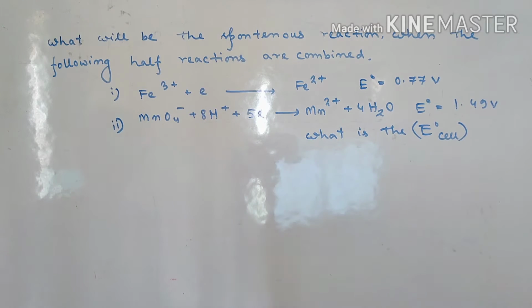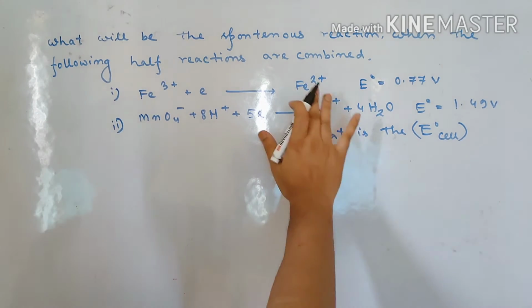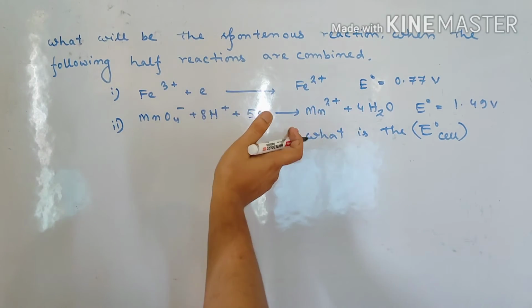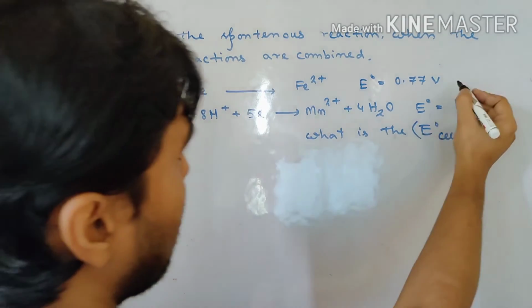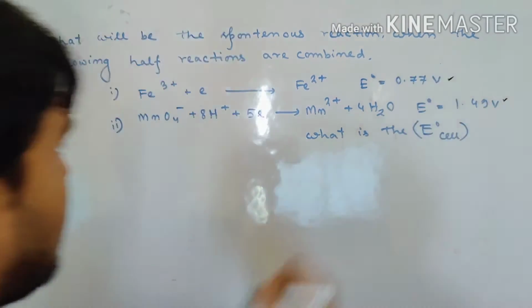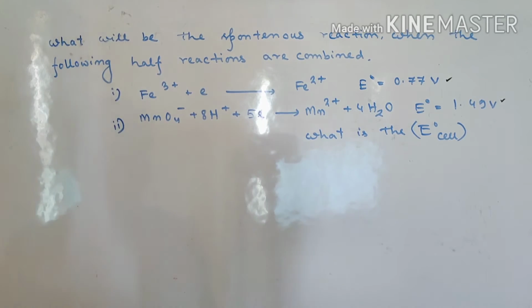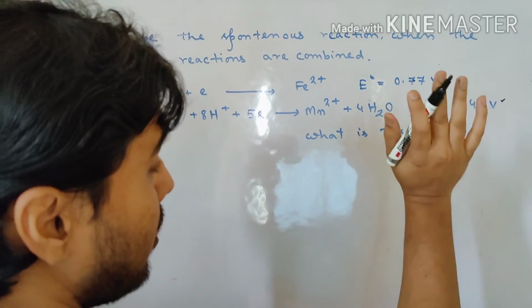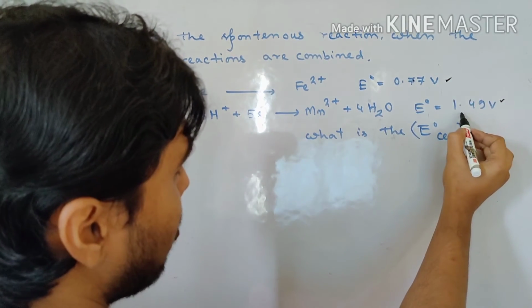Our job is to first check whether these will be the half reactions as they are or they will be changed, because both of them are positive values.